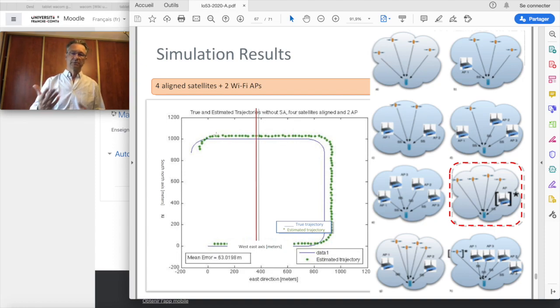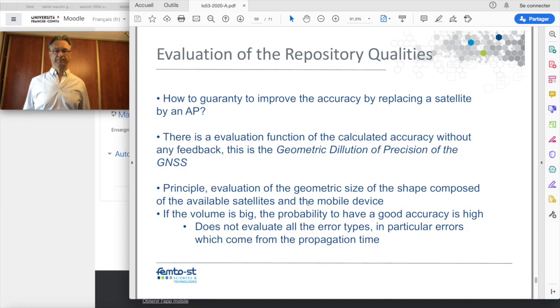Of course, because at the beginning, this vertical accuracy was better than the horizontal accuracy. We improve the horizontal and the vertical a little bit, but we cannot compensate everything. But at the end, the mean is better with 2 additional Wi-Fi access points.